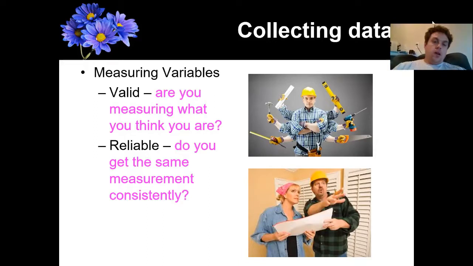So for a valid measure, the question is whether it is actually measuring what you think it's measuring. So are you getting at the construct you're actually interested in? An example would be, let's say I'm interested in measuring depression. Well, if I actually measure anxiety instead, then that's obviously not a valid measure. I'm measuring something other than what I'm intending.